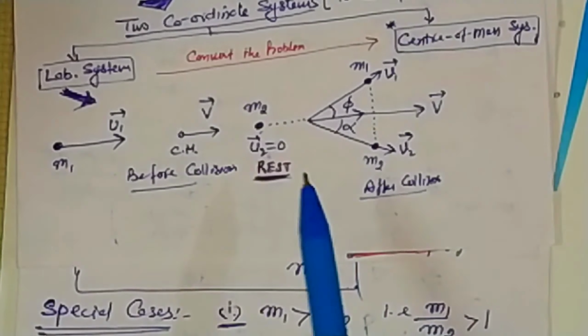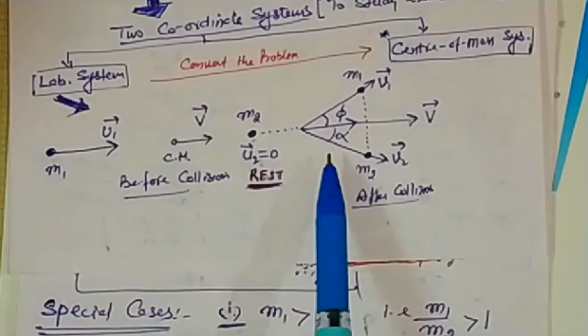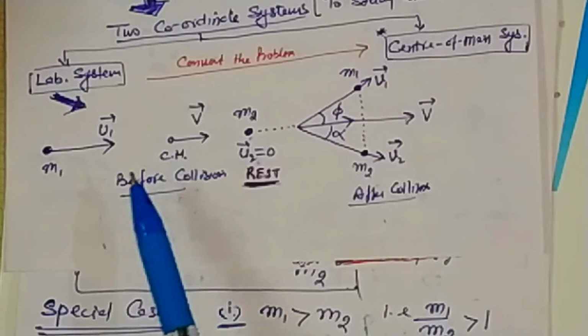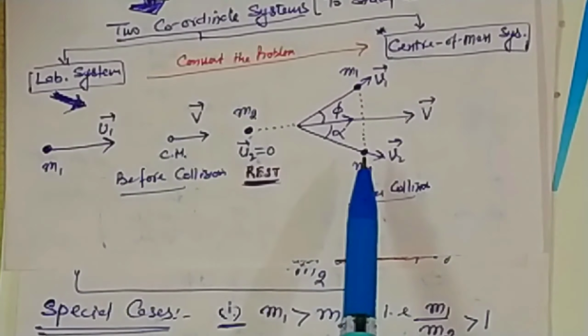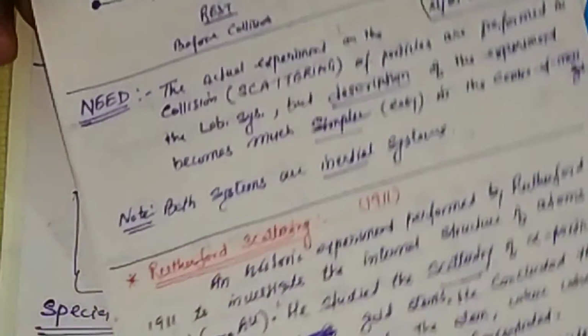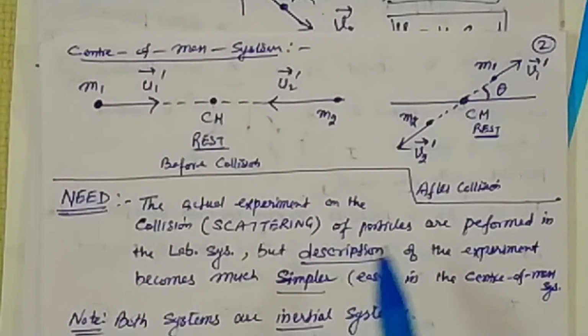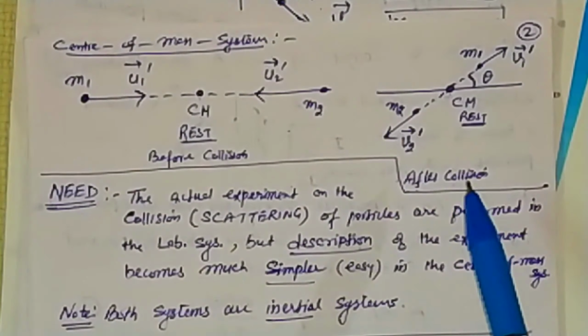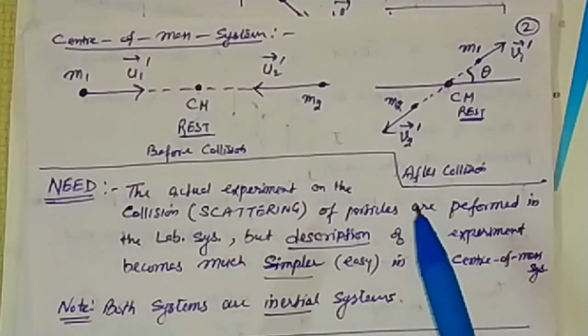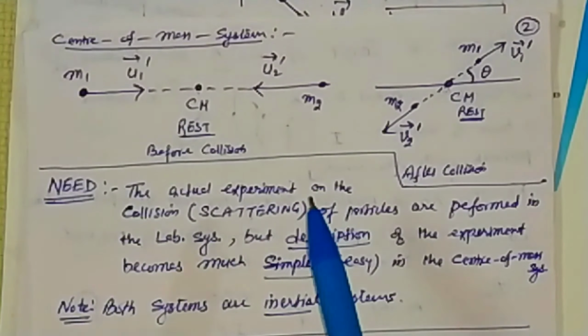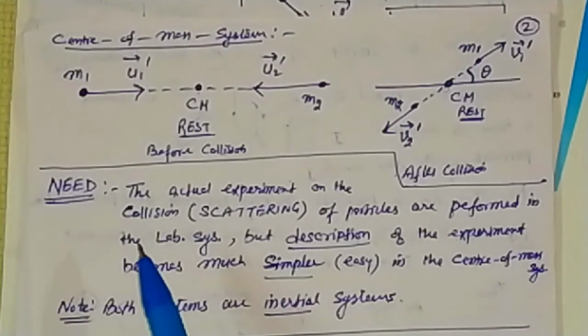So this figure is easy to understand or to visualize the scattering experiment, but the center of mass system is helpful in deriving the mathematical expression of this scattering experiment. So this is the need why we change lab system into center of mass system.